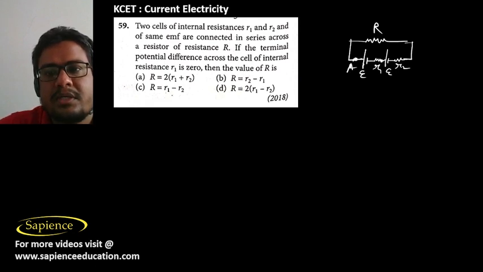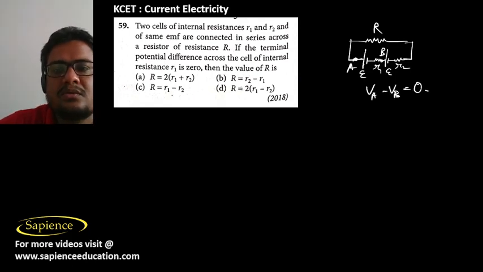Let's say this point is A, this point is B, so it is told that VA minus VB is equal to 0. So then R will be how much?